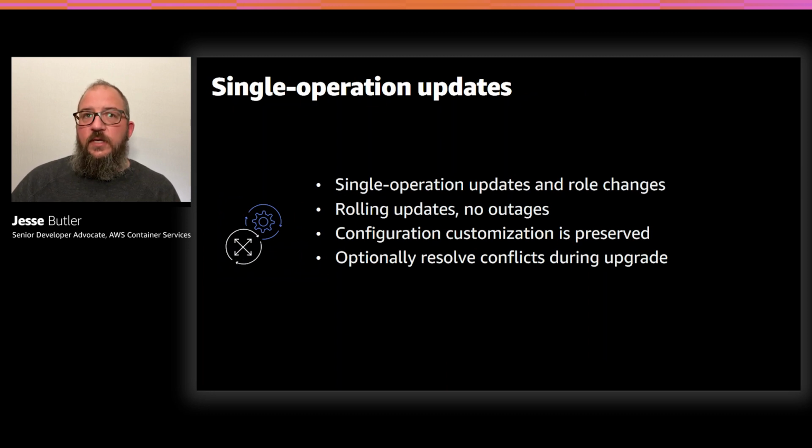You can do either a single operation update or just a role change, and it will push a change out to your cluster, and it will do a rolling update. So you won't have any outages for your applications or for the operational software that you're working with. And also across an update, your configuration customization is preserved. So you can optionally resolve conflicts or work on the resolution yourself.